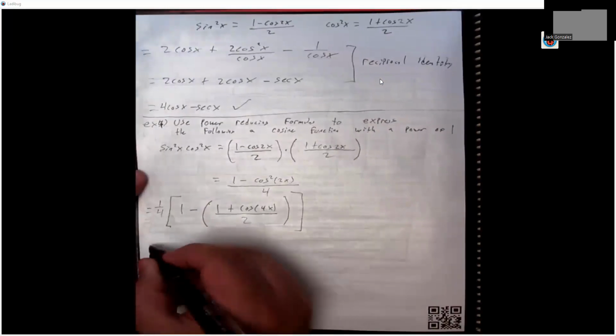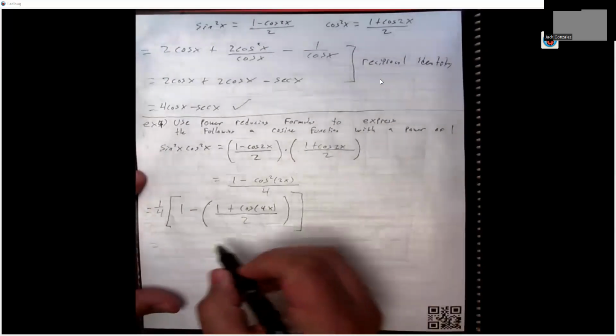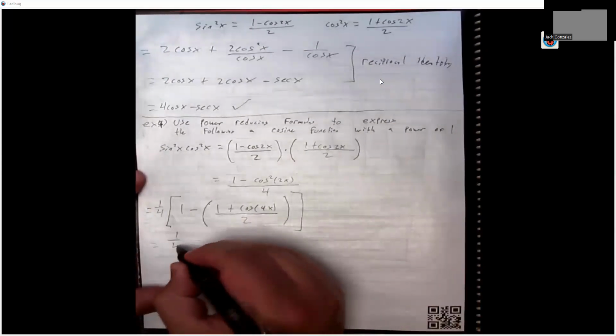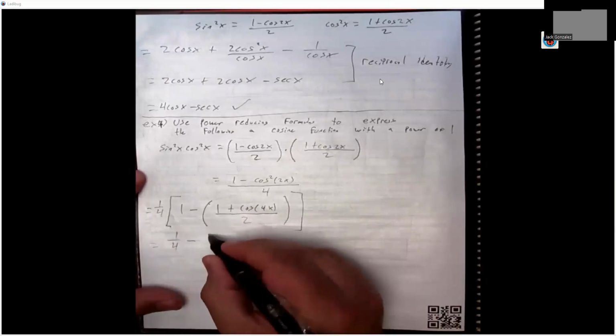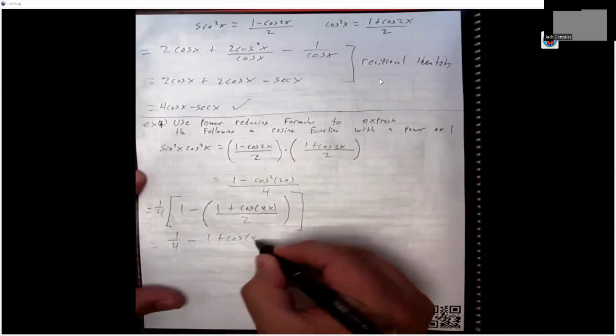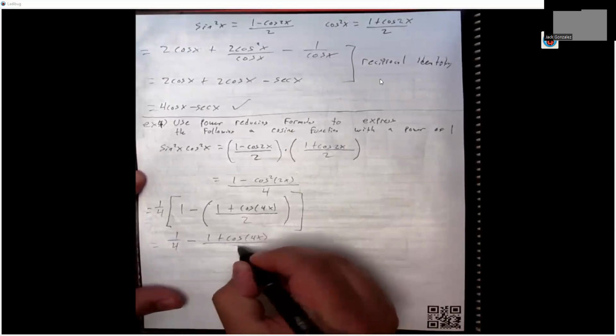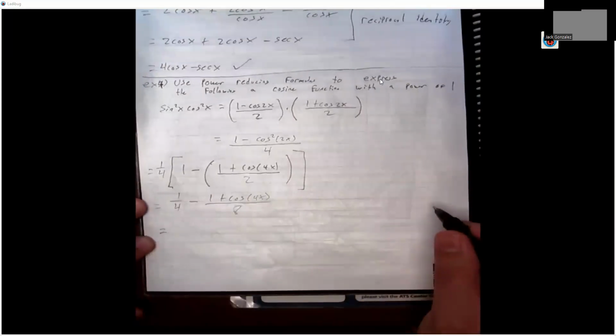All right, so multiply the 1/4 in. Add those fractions together. That will be 2.